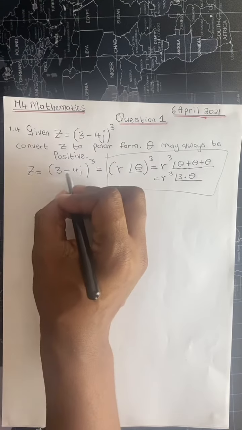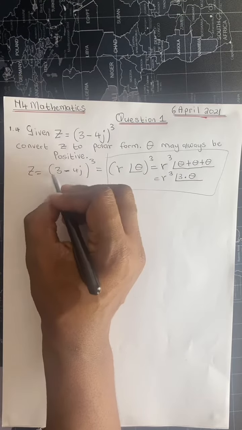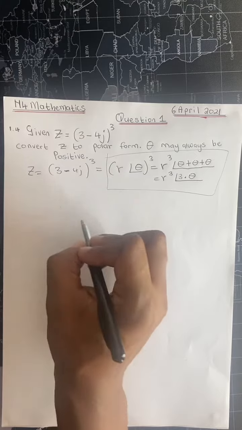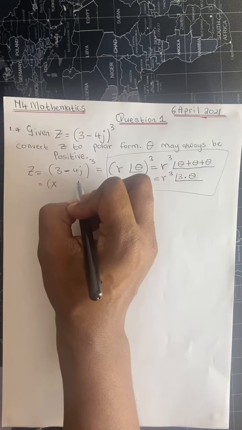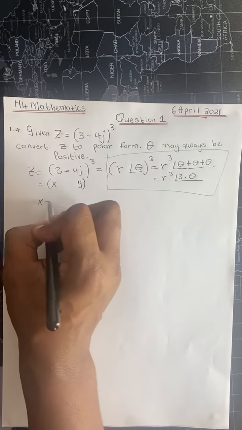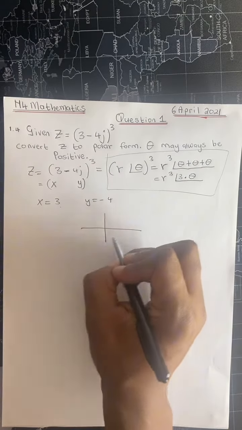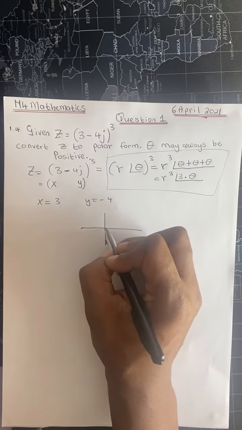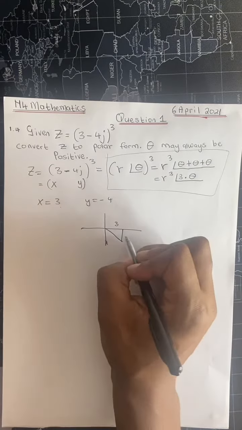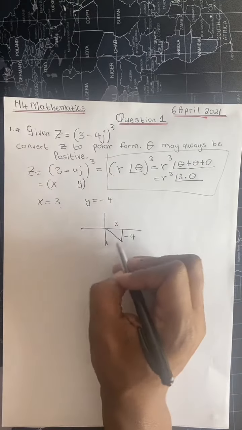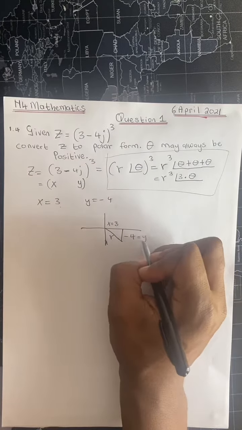The negative 4j represents the y-axis and the 3 represents the x-axis. So we can say that x is equal to 3 and y is equal to negative 4. It is in the 4th quadrant where we have a positive x, which is 3, and a negative y, which is negative 4. So we have to look for the radius r.